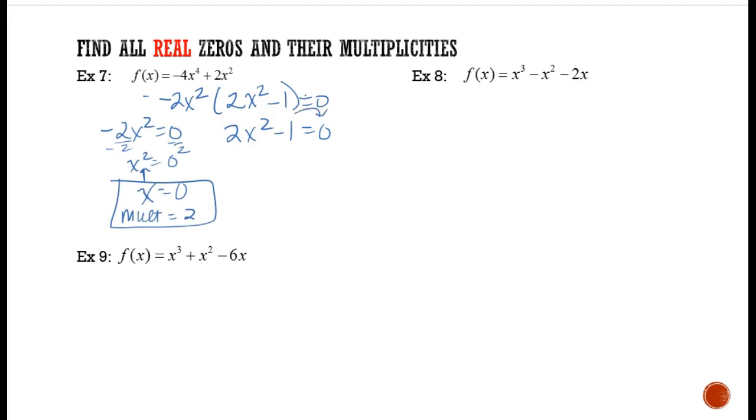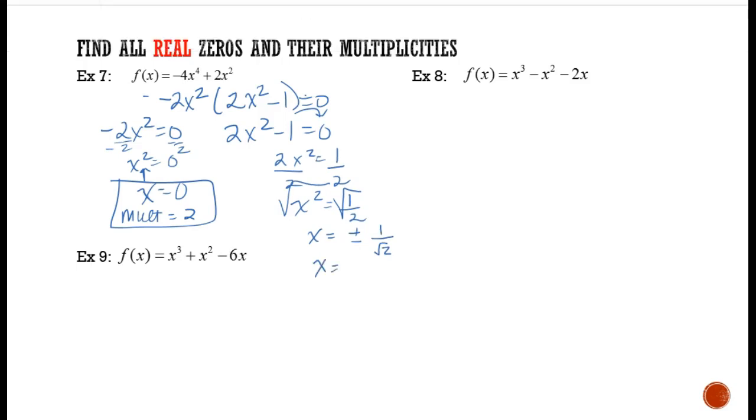Here, if I move the 1 over, I get x squared equals 1/2. If I square root all this, I'm going to get x is plus or minus 1 over the square root of 2. So that's really 2 roots there.